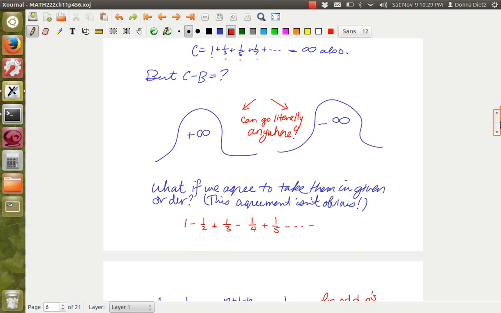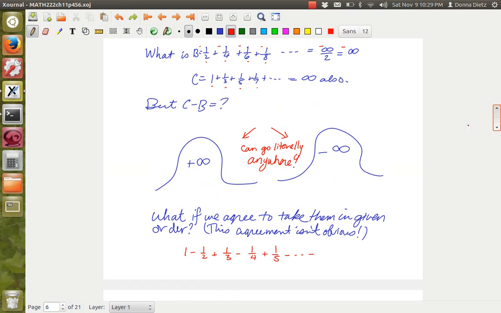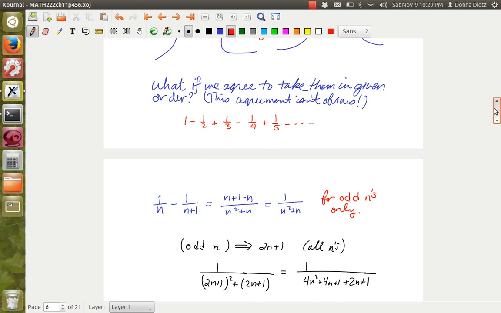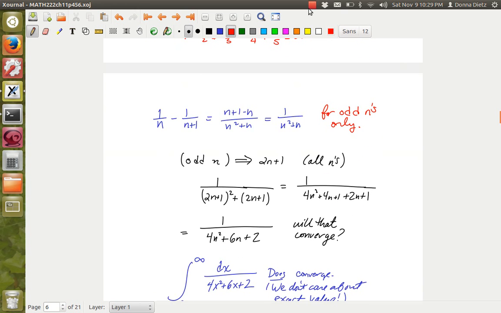Now, what if instead we agree to take a C minus a B, then another C minus another B, and you just zigzag in exactly the order that the index tells you to go? Now you have imposed an ordering, and in that case you can actually do something with this.